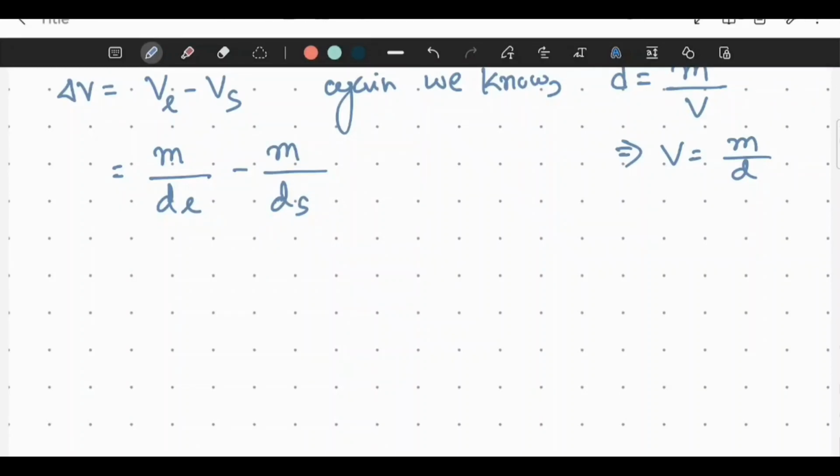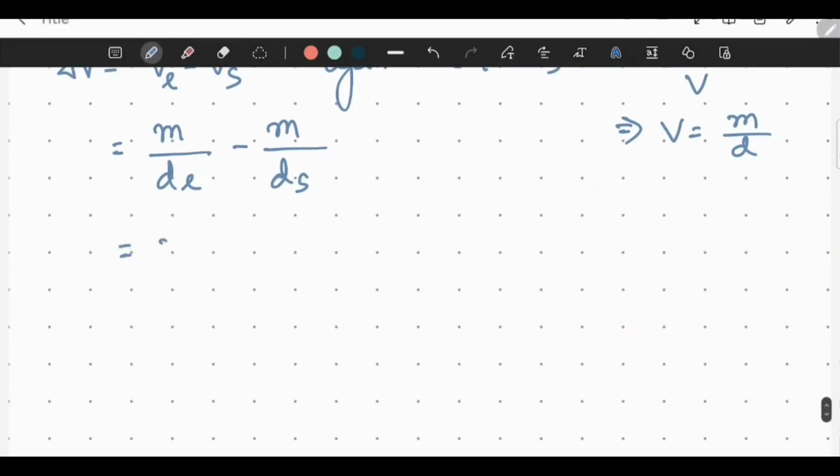Now what is the mass? Let me take the mass common, so it is 1 by d_L minus 1 by d_S. And what will be the mass? For 1 mole we can easily calculate.